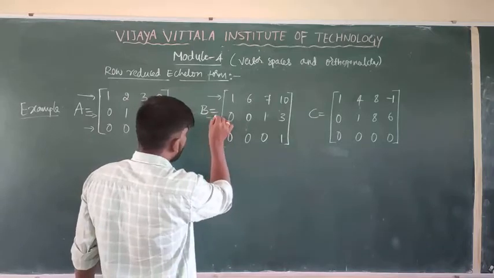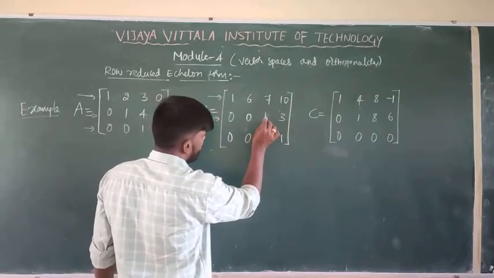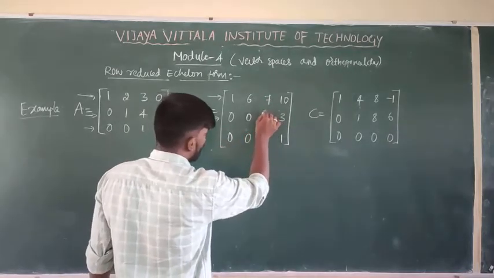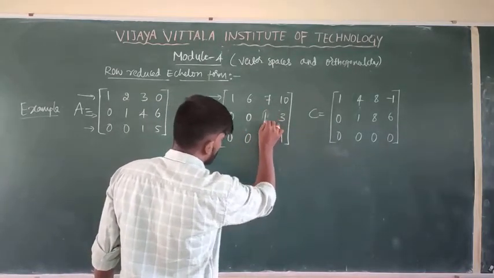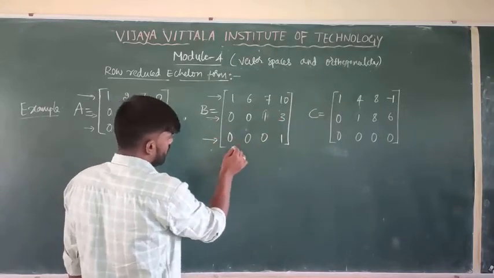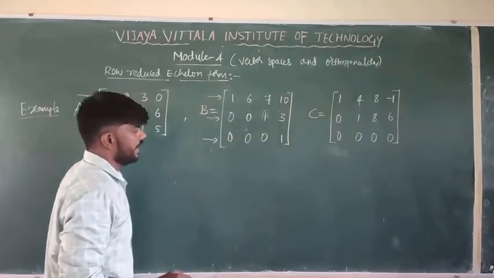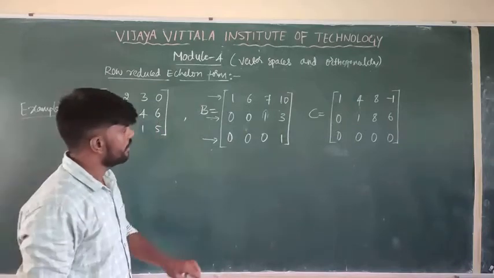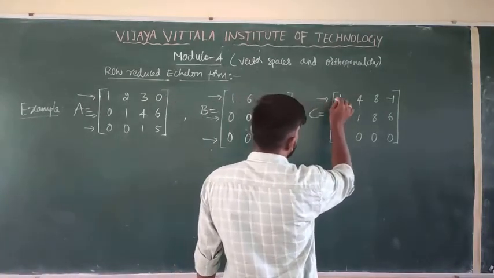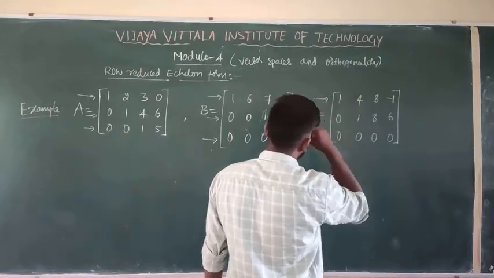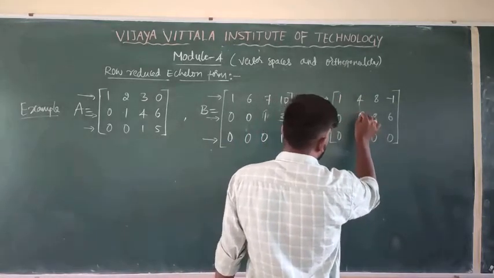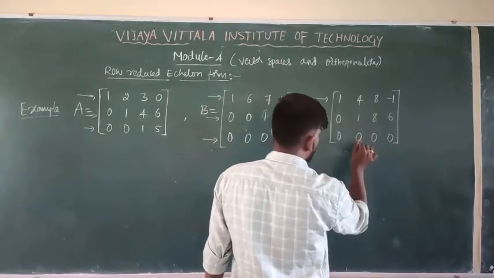In the second row, the leading entry is 1, which is in the third column. Below that element, we make it 0. In the third row, this is the leading entry. In matrix C, it is the same: the leading entry is non-zero, below that 0, and in the second row the leading entry is 1, below that 0.